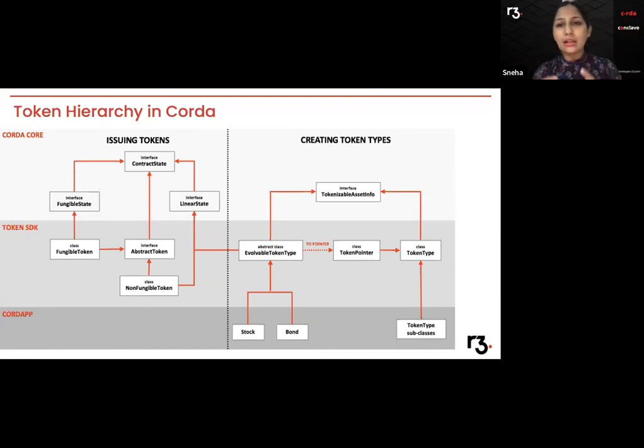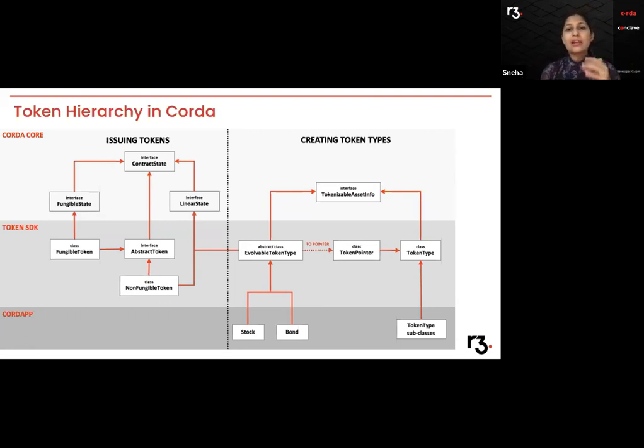Now, we saw that the underlying asset can exist off ledger or on ledger. When defining this underlying token type, we also consider one more aspect: whether this underlying asset is fixed or evolvable. That is, whether the asset can change over time, or its properties are fixed and it will not change over time.